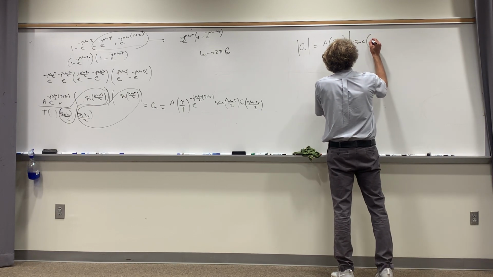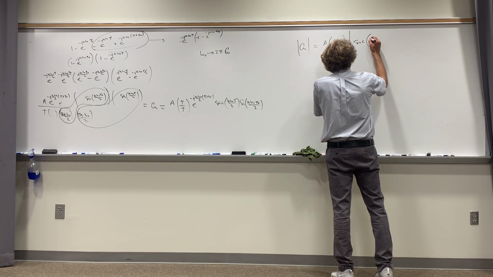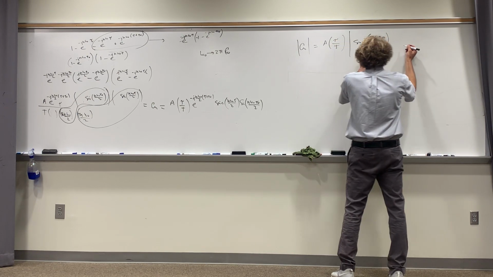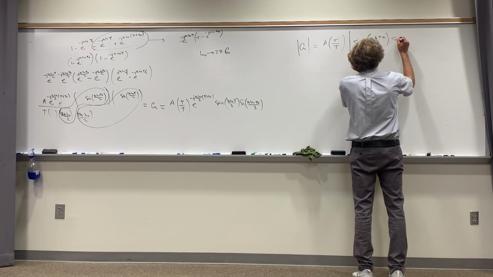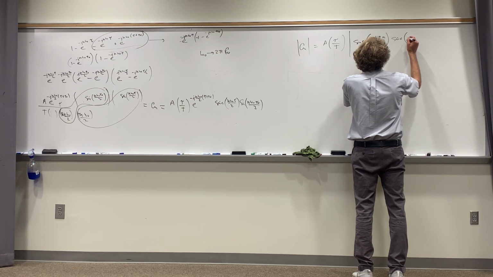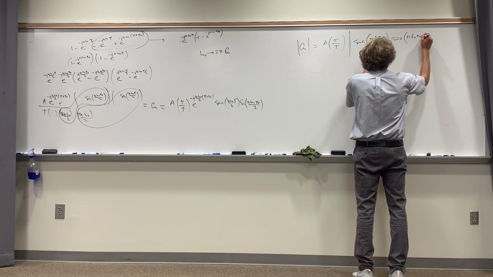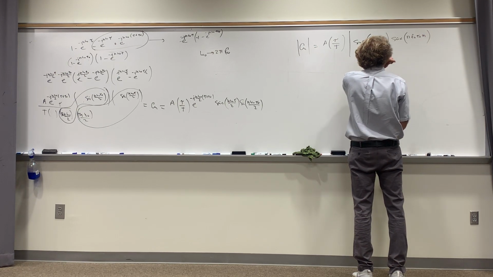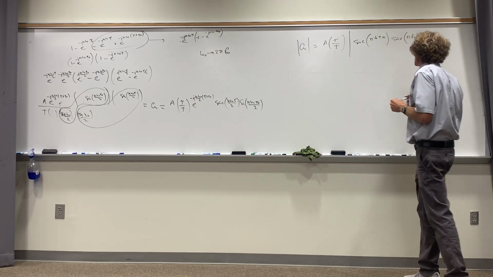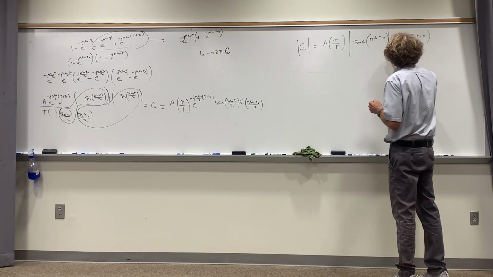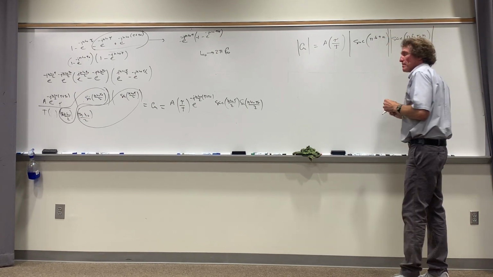So this becomes pi f naught tau times n, and the second sinc function becomes pi f naught tau rise times n. And that's a magnitude, and that's a magnitude.